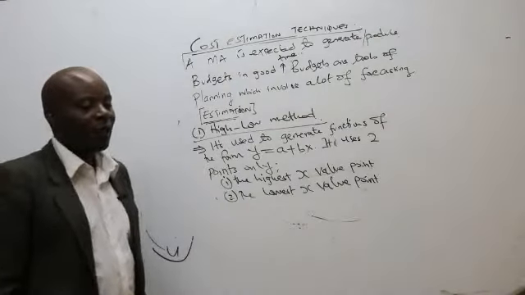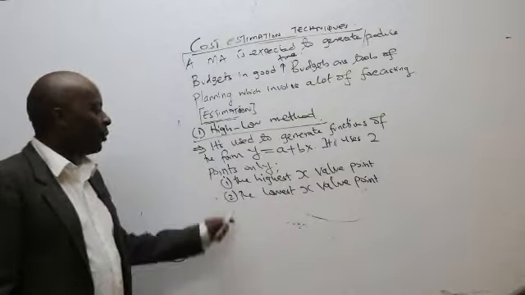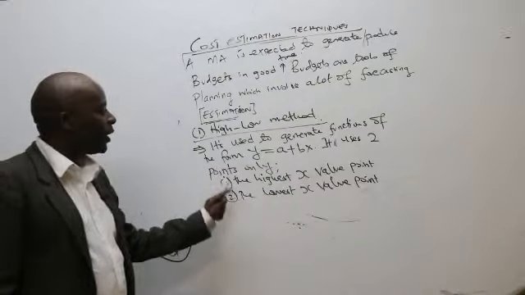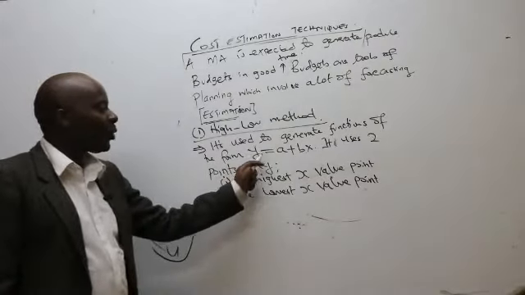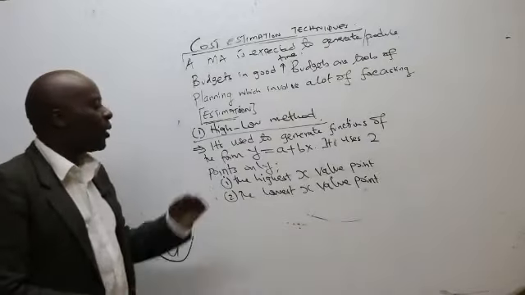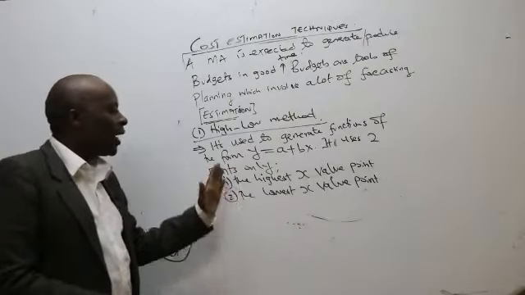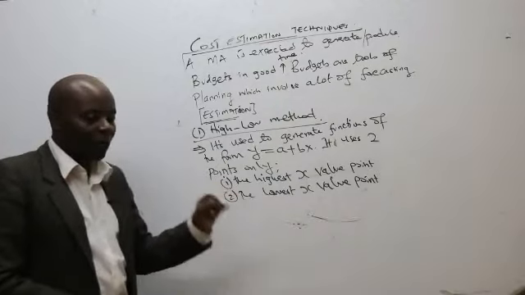Very important for us to make note of this: a high-low method makes use of how many points to come up with this straight line function? It makes use of 2 points only. And these 2 points are which ones? The highest X value point and the lowest X value point.